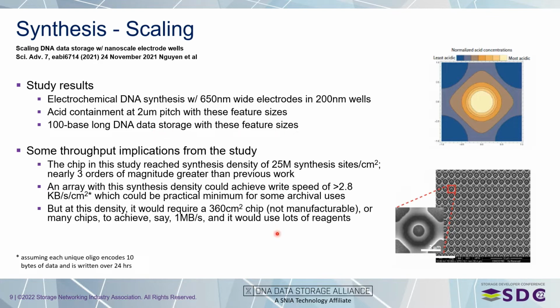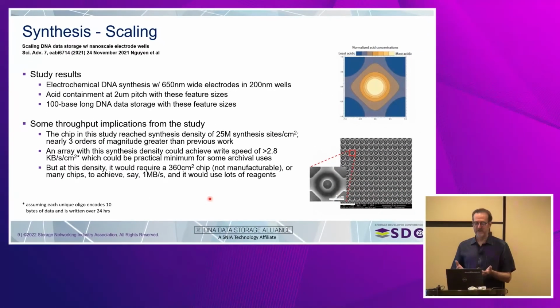Now, people are asking how quickly can you write DNA data? This chip, in the study, reached a synthesis density of 25 million synthesis sites per square centimeter. This was about 3 orders of magnitude greater than previous work, so it was quite a step forward.